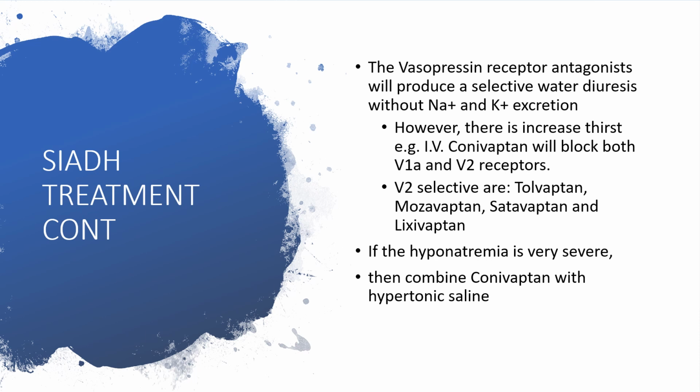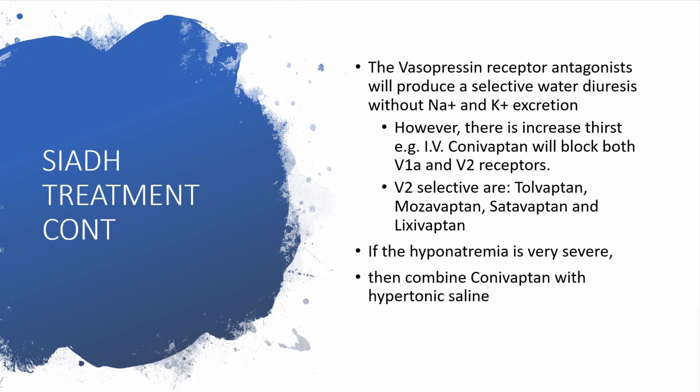So, for example, you can give your intravenous Conivaptan. And remember, Conivaptan will block both V1a, which is going to mediate vasoconstriction, and V2 receptors that will be mediating antidiuretic hormone response.